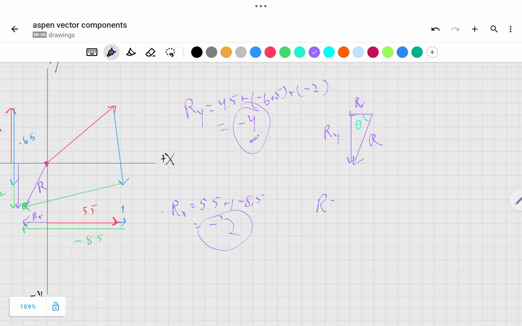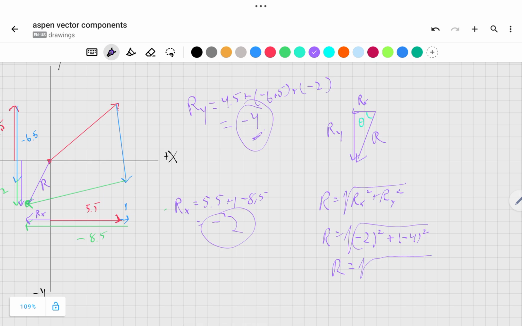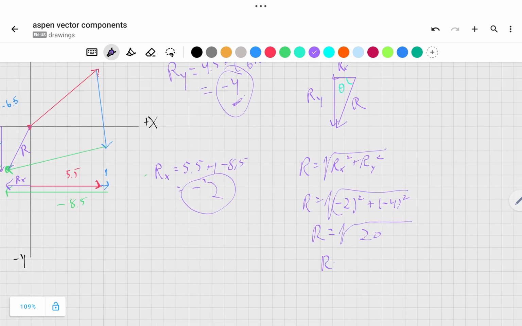So I can say R is equal to the square root of Rx squared plus Ry squared, which in this case is negative 2 squared. When you square a negative number, I don't know if you know this, but you get a positive. And then negative 4 squared. And so this just becomes the square root of 4 plus 16, square root of 20, which is about 4.5.